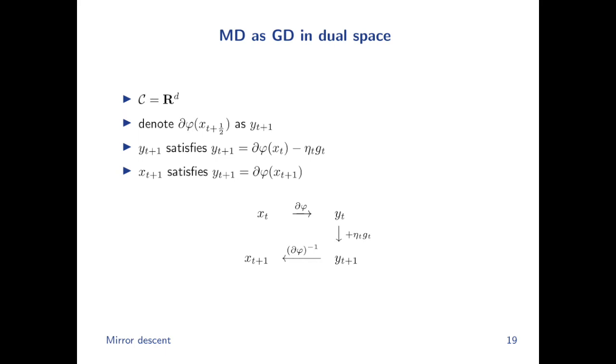So how does this work? We're going to define an alternate series of quantities, and these will be, quote-unquote, dual quantities. They're dual in the sense that, for those of you who know a little bit of functional analysis, if you have a vector space, the dual of the vector space is the set of all linear functionals on the vector space.